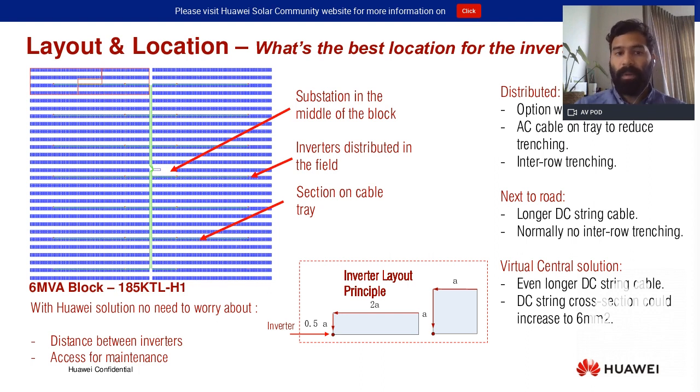The other option, I would say perhaps more popular, is to place the inverters at the end of the row, where all of the inverters will be aligned parallel to the access row. The advantage is that you will reduce the AC cable a little bit, but on the contrary, you will increase the DC string a lot, which will increase the cost.